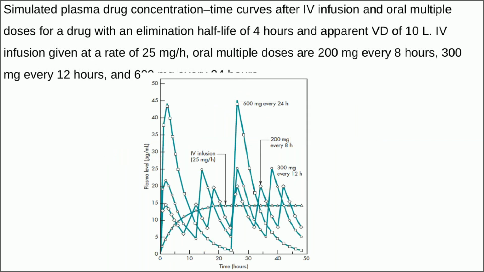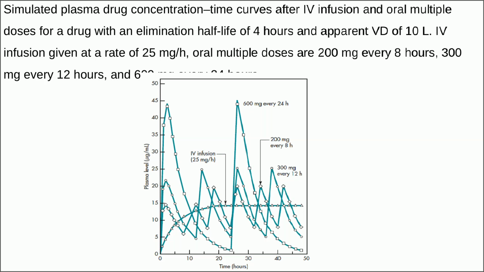Now these simulated plasma drug concentration time curves after IV infusion and oral multiple doses are for a drug with an elimination half-life of 4 hours and apparent volume of distribution of 10 liters.